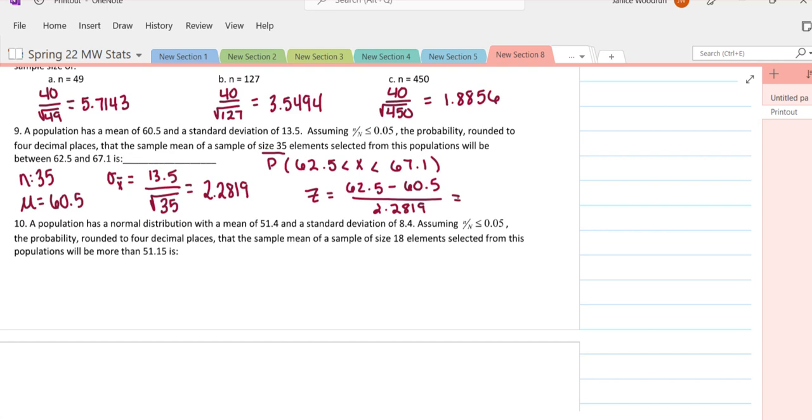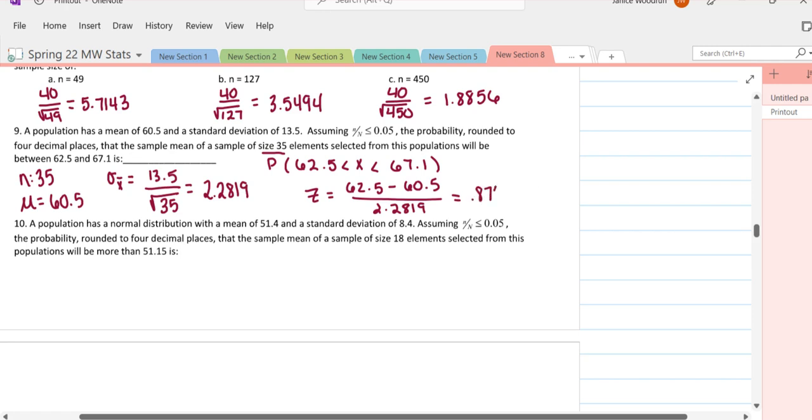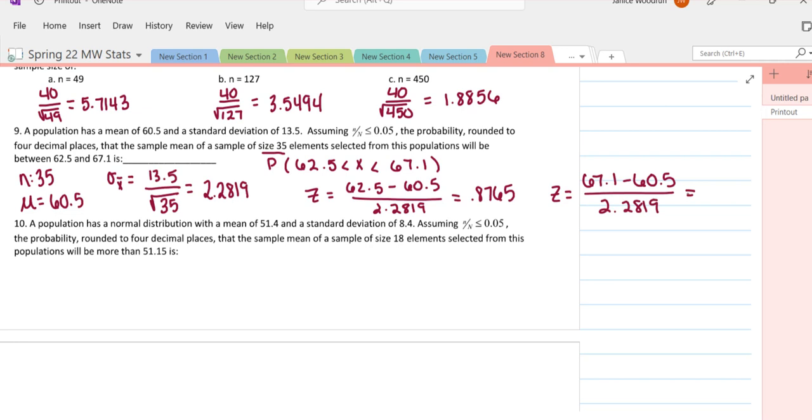That's going to give us 0.8765. Then my next z-score will be associated with the 67.1. So 67.1 minus 60.5 over 2.2819. That'll give us 2.8923.